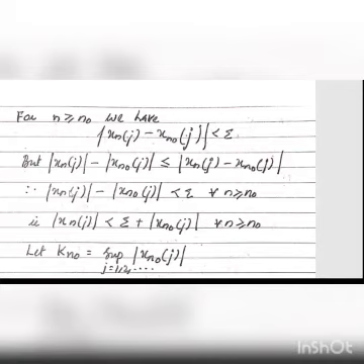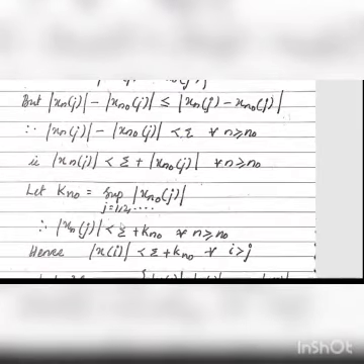That means, take xn(j) alone. So mod of xn(j) is less than epsilon plus mod of xn naught(j) for every n greater than or equal to n naught. That means xn(j) is bounded above, so it should have a supremum.